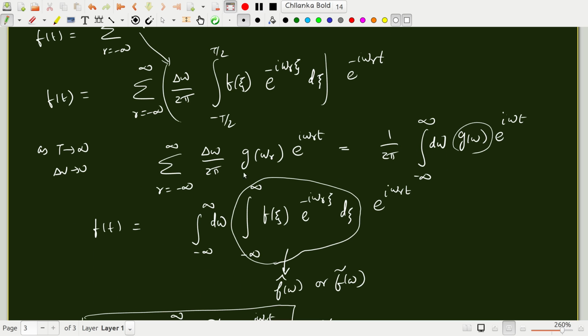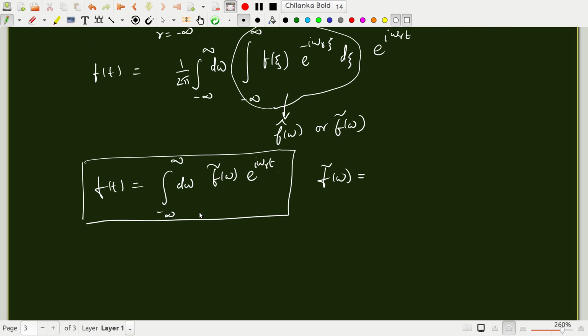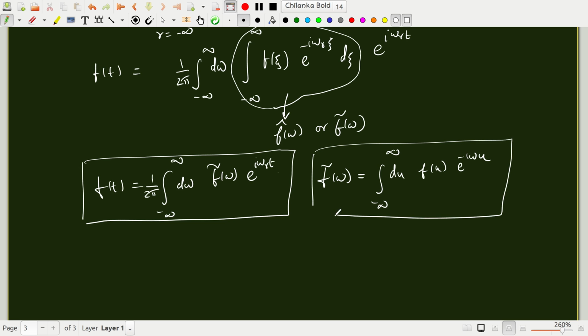So I will have to write 1 over 2 pi here. So f of t is 1 over 2 pi, and f of omega is the integral from minus infinity to infinity du f of u e to the minus i omega u, so this is f of omega.